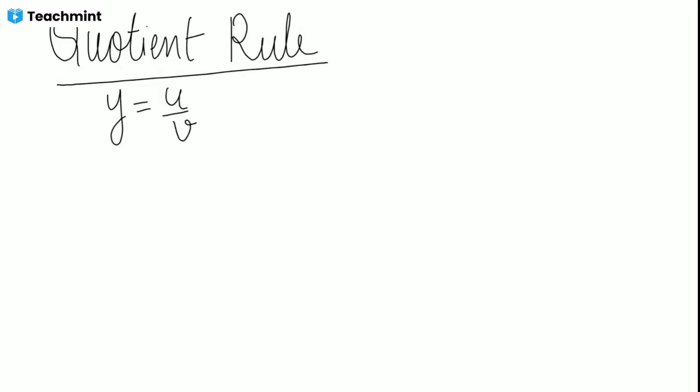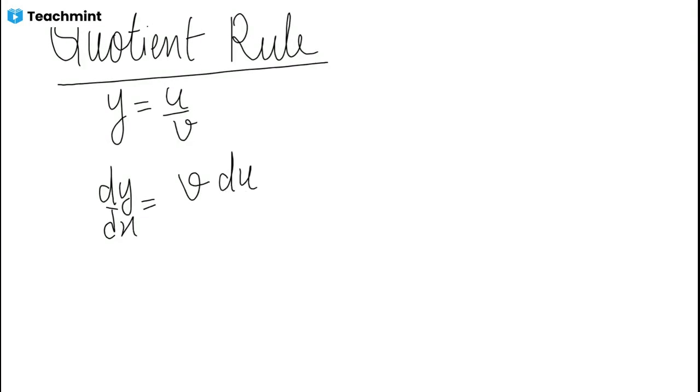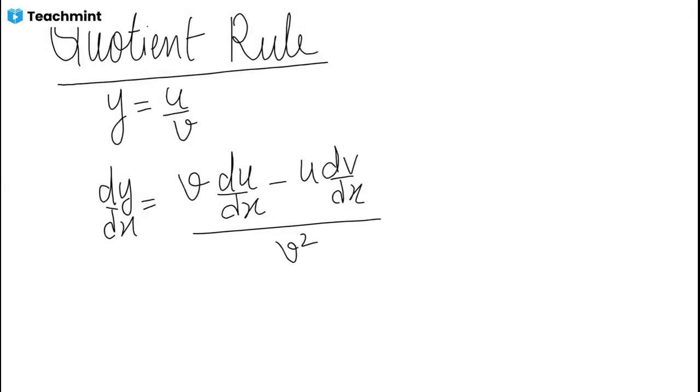So dy over dx can be expressed as: write the denominator, then differentiation of numerator, minus numerator into differentiation of denominator, over denominator square. This is the quotient rule. You got it?